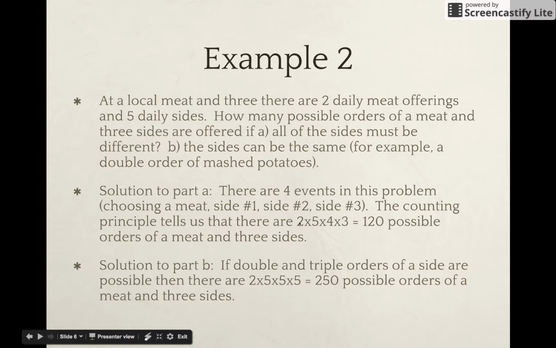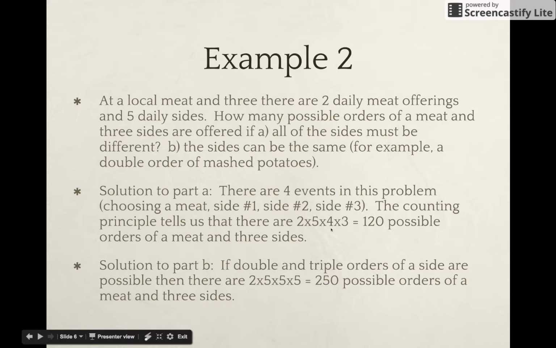Well, there are two meats each day at our meat and 3, so there's 2 choices there. There are 5 sides, so for our first side we have 5 choices. But keep in mind, in part A, we can't duplicate a side, so the choice of the second side will only have 4 options.